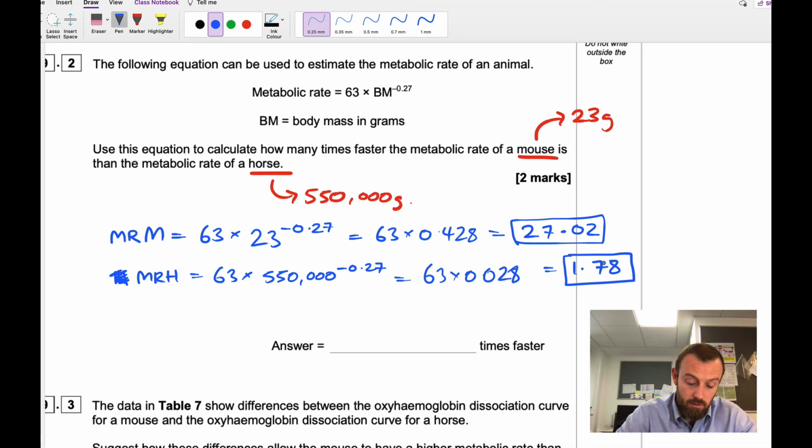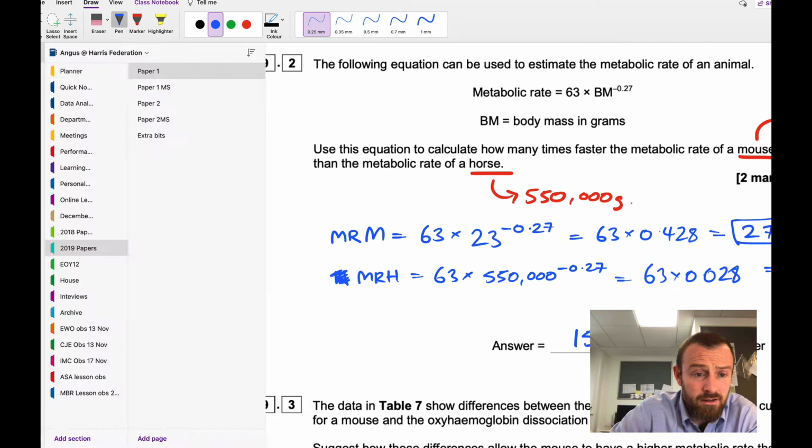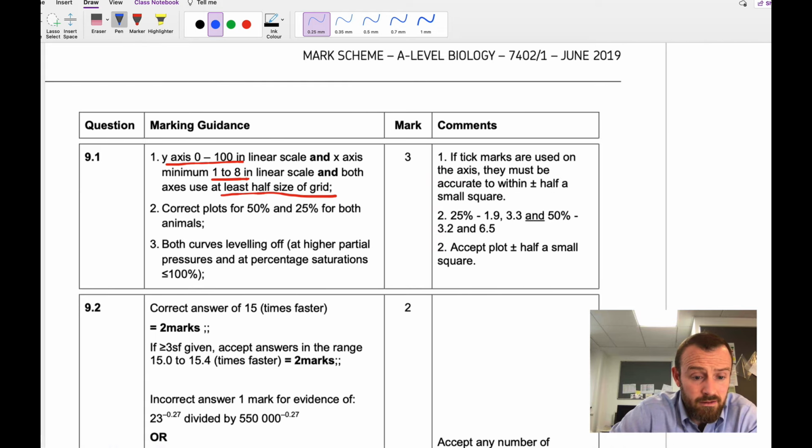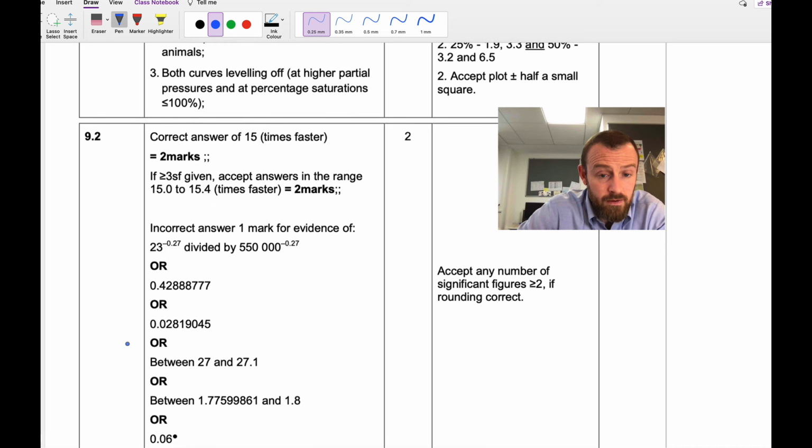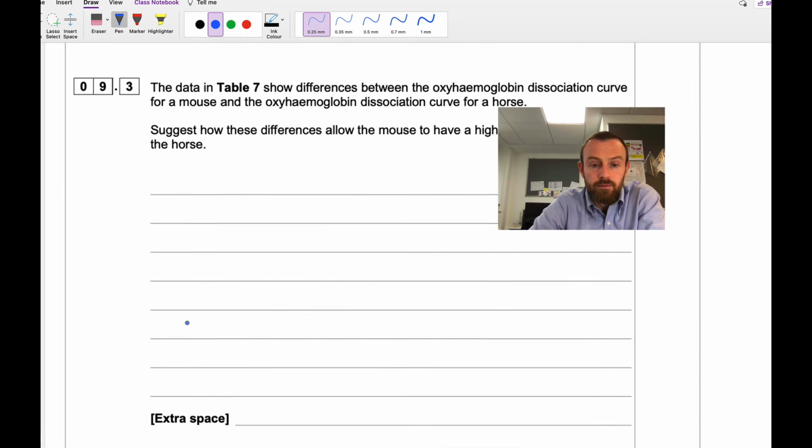I've got 15.17. I'll give it to 1 decimal place: 15.2 times faster. Right, let's see if that's correct. Okay, yeah, so somewhere between 15 to 15.4. All right, let's keep going.